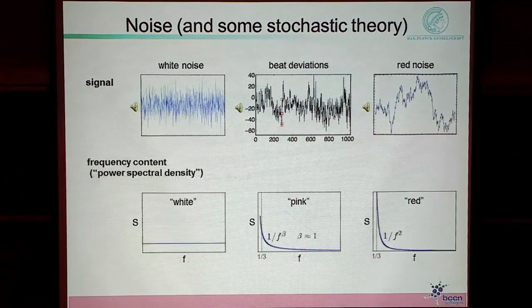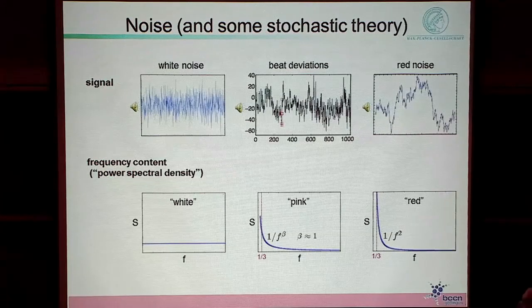So what you could hear is that red noise had more low frequencies. This is something that we measure with the so-called power spectral density.